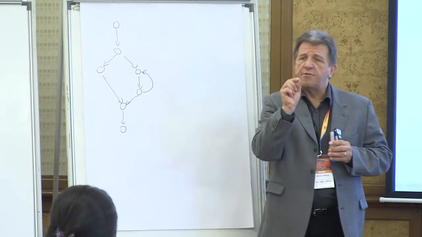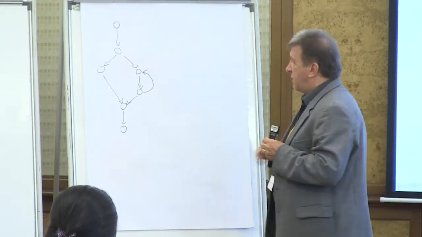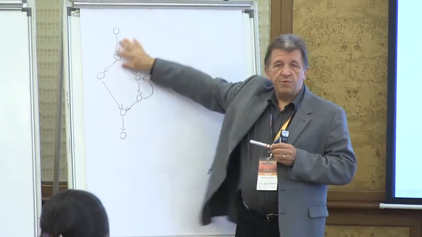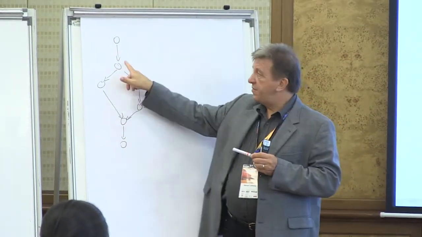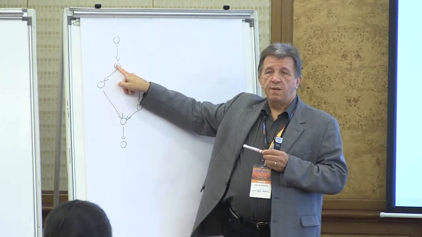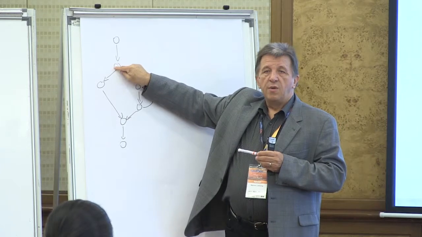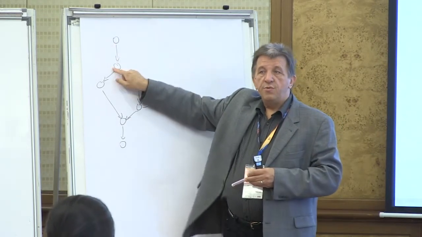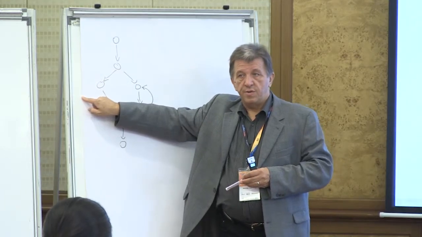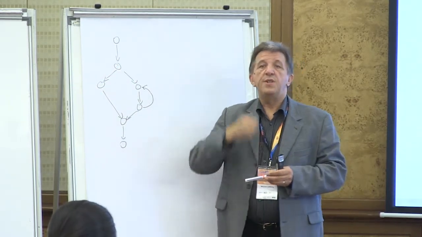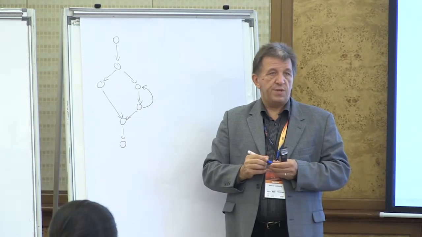Now, how can we use that for test case design? Well, if we find out that all of our test cases move through this area, none of them move through this area, let's look at this decision here. And let's find out what sort of input data we would need to move into this branch. And that input data is an additional test case that we're using.